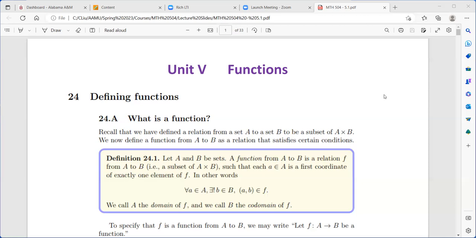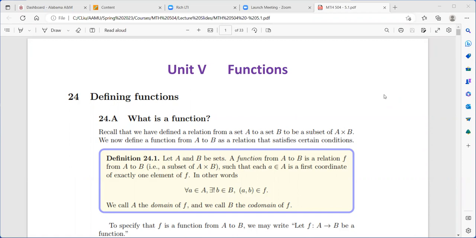Okay, we all know functions from the very starting course of algebra, but we define everything in a little different way, in a more formal way in mathematics, in an abstract way.